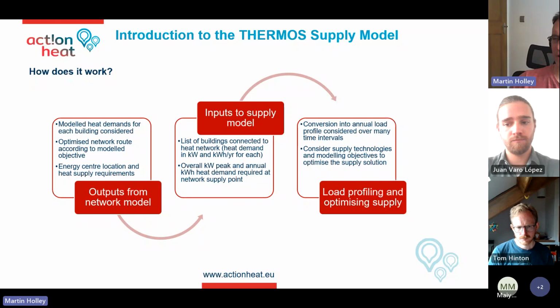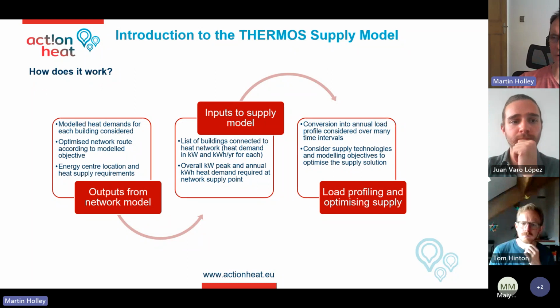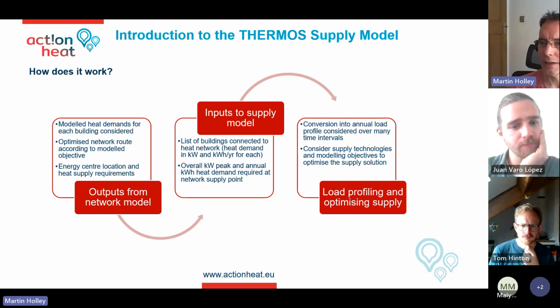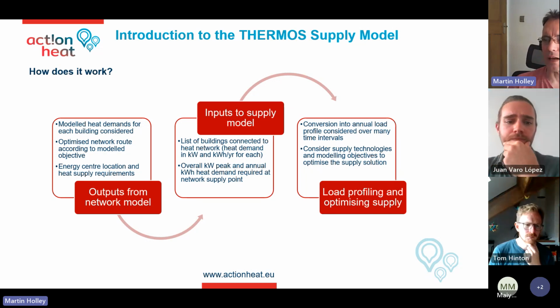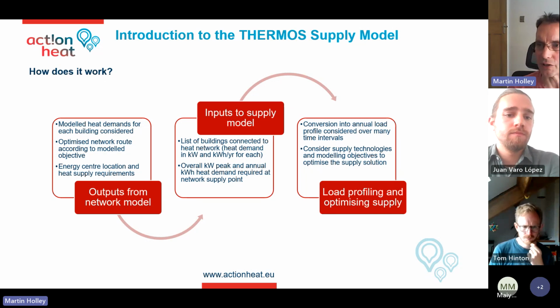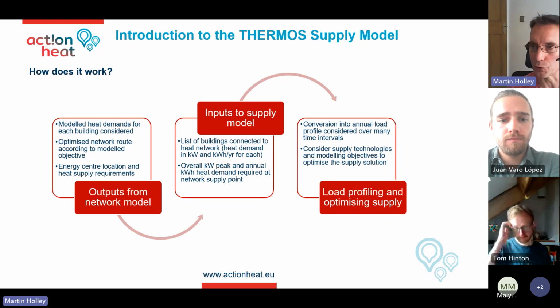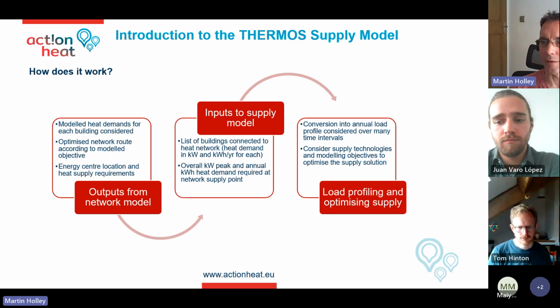So this just gives an overview of how it works and how it integrates with the network optimization side. On the left there, I've described the network optimization: modeling heat demands, optimizing the network route according to whatever objective you've chosen, and you've also got the energy center location and the heat supply requirements.